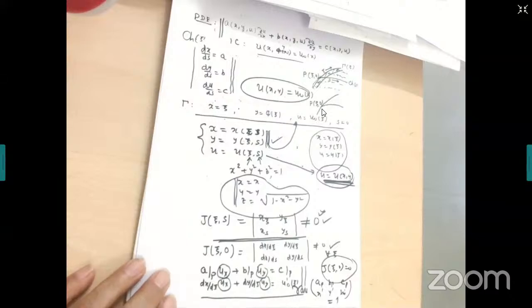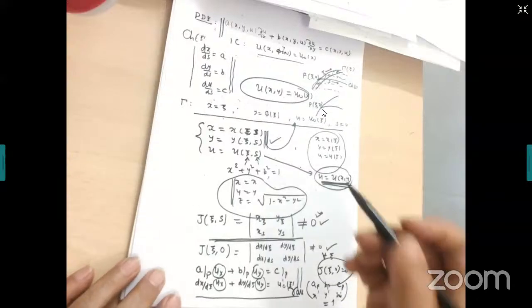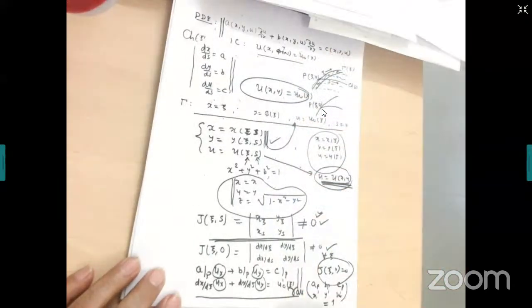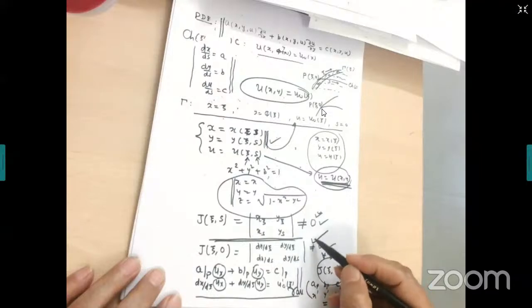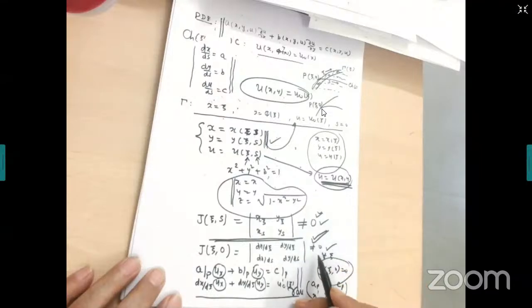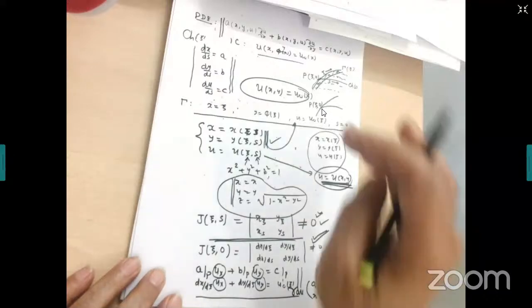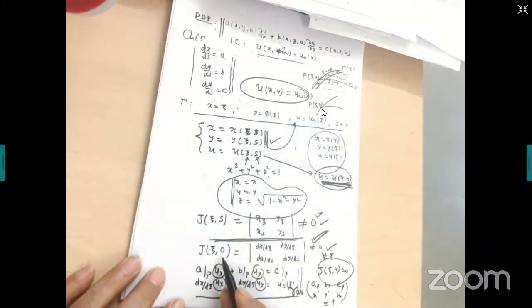A very important result is deduced from this analysis: if the Jacobian of the transformation is different from 0, then we have a unique solution for all xi. But if J(xi 0) vanishes, it is quite possible that it may vanish only at one point, not at every xi.